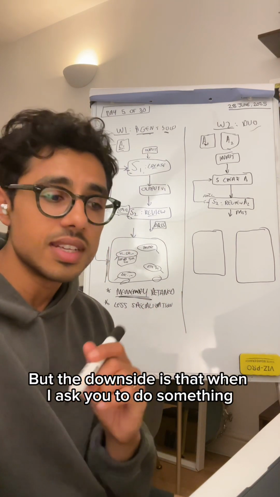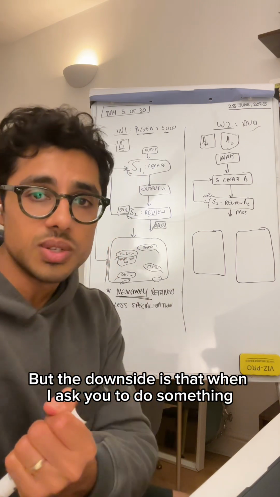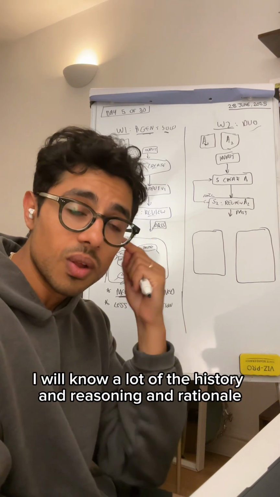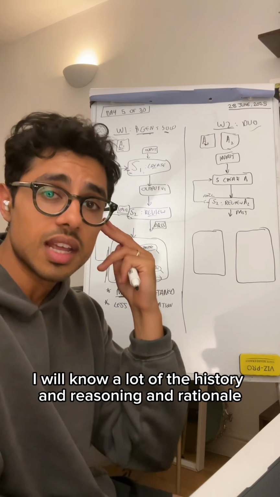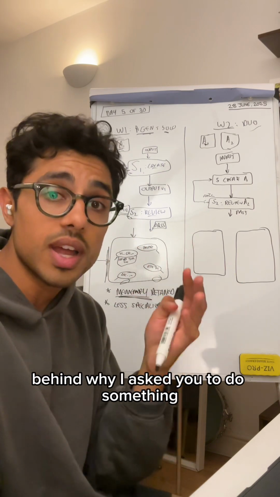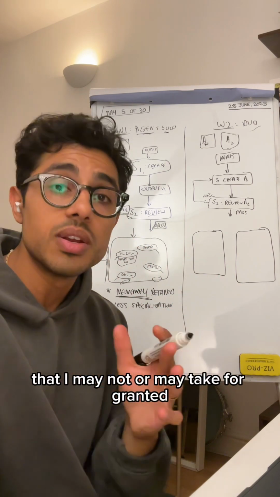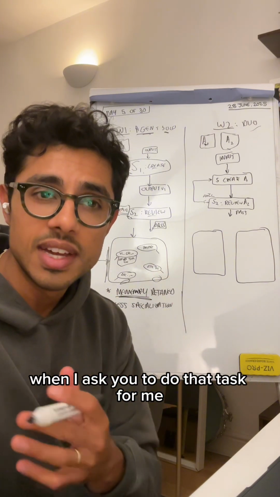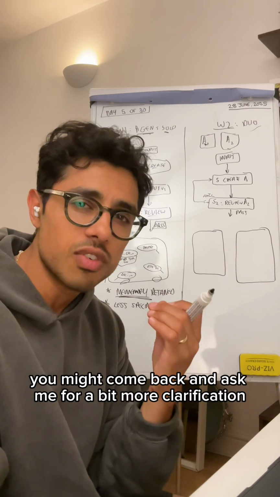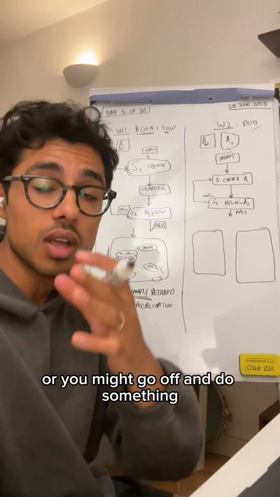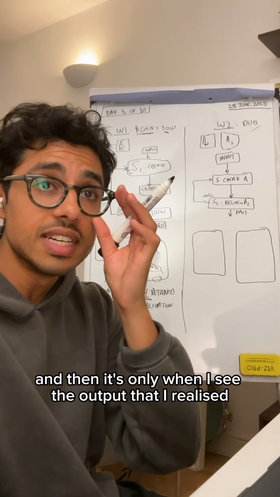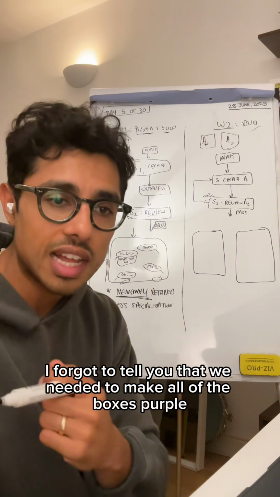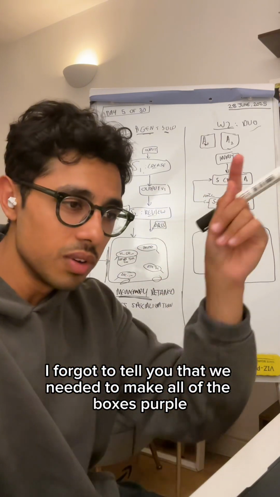But the downside is that when I ask you to do something, quite oftentimes I will know a lot of the history and reasoning and rationale behind why I asked you to do something that I may take for granted when I ask you to do that task for me. So then sometimes you might come back and ask me for a bit more clarification, or you might go off and do something, and then it's only when I see the output that I realize, I forgot to tell you that we needed to make all of the boxes purple.